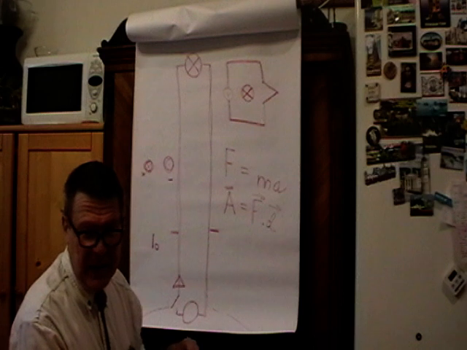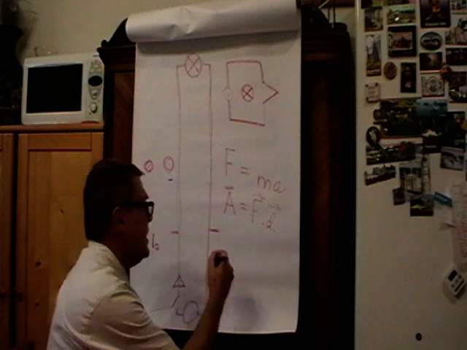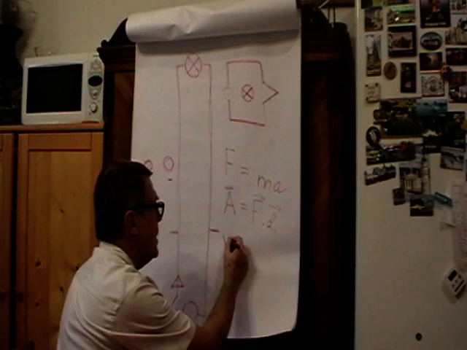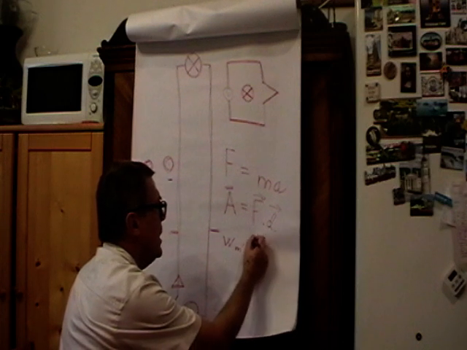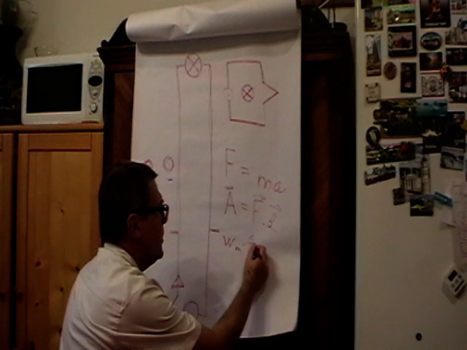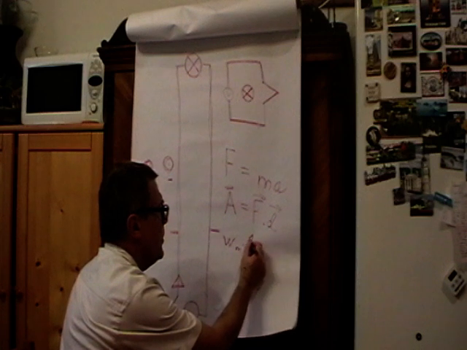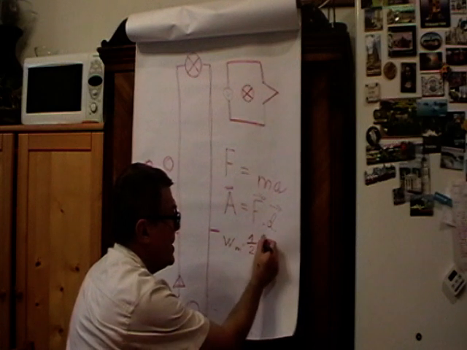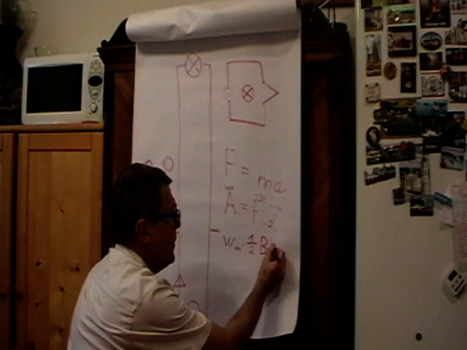We have denoted the density as small w, and we know that small w magnetic, the density of the magnetic field, is 1/2 of the product of magnetic flux density B and magnetic field intensity H.